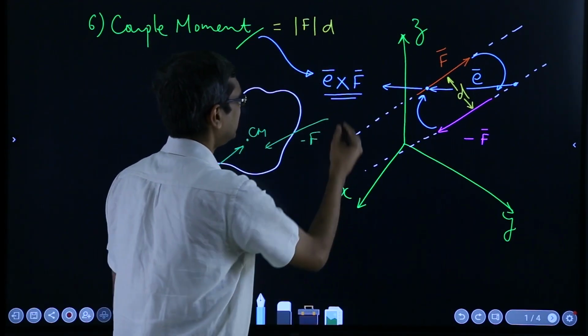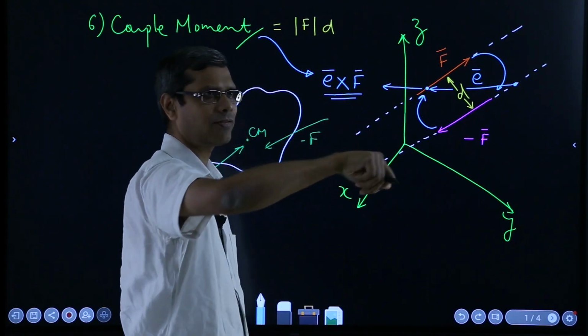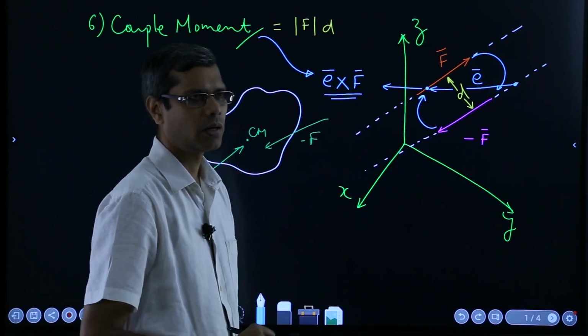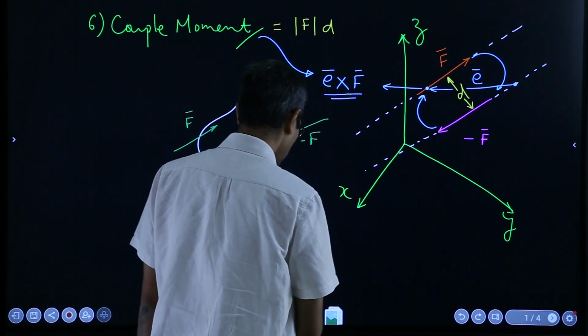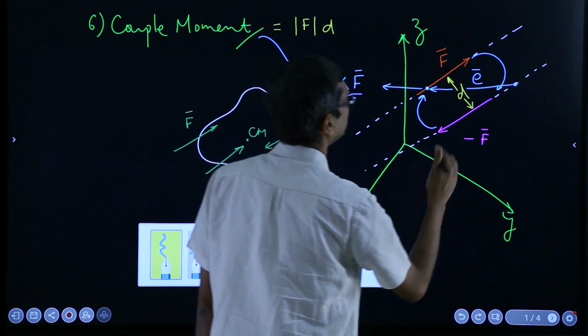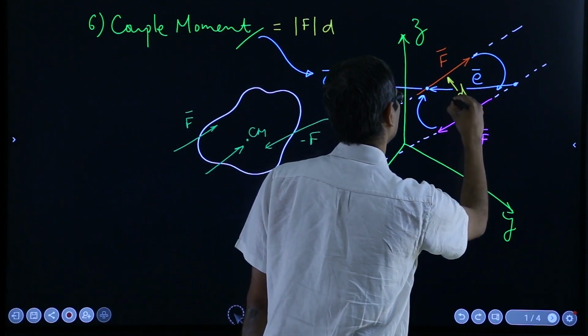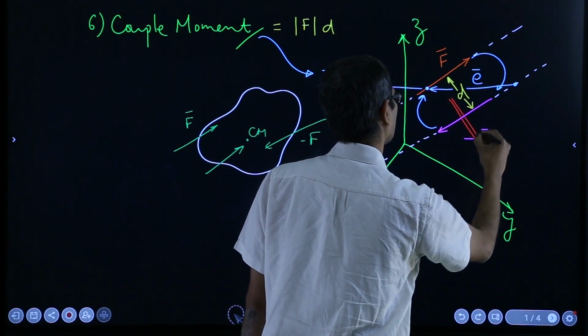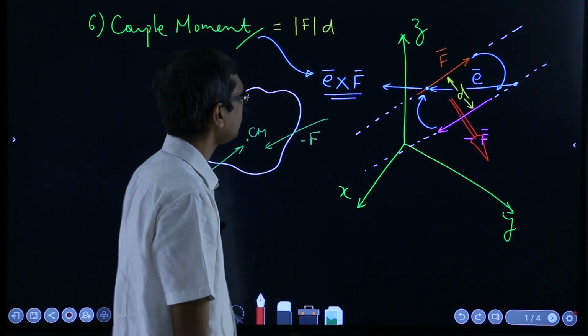So basically E cross F will tell you that if you turn E towards F, the right hand thumb in whatever direction it points, that is the direction of the moment. So, if you want to show it here, maybe somewhere like that.